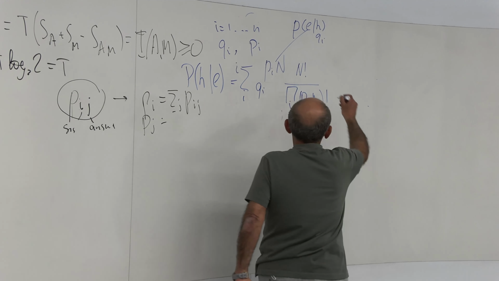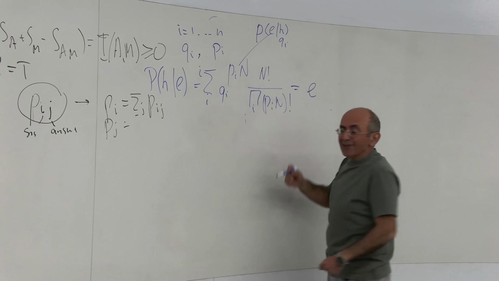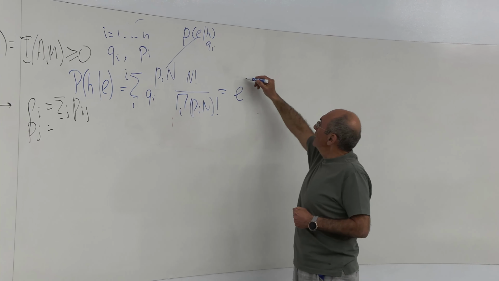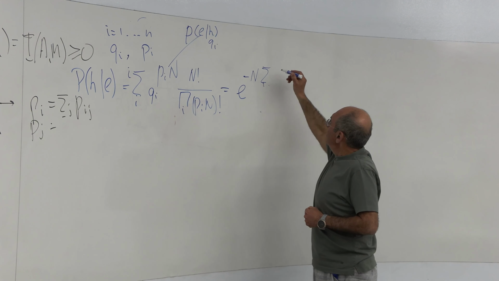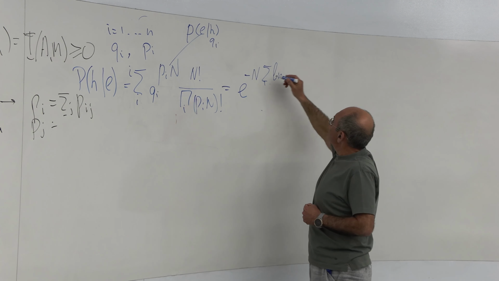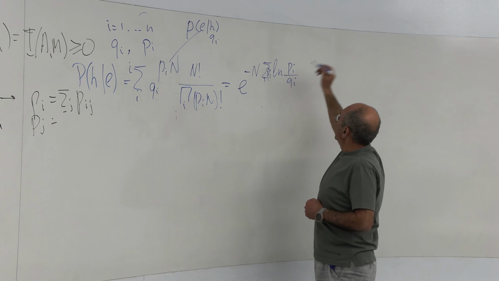Good, okay, so then you can say that this is everything which is E. Again, I'm not doing the computation because it's the Stirling formula, and it will be minus n times the sum over i of Pi logarithm of Pi over Qi.